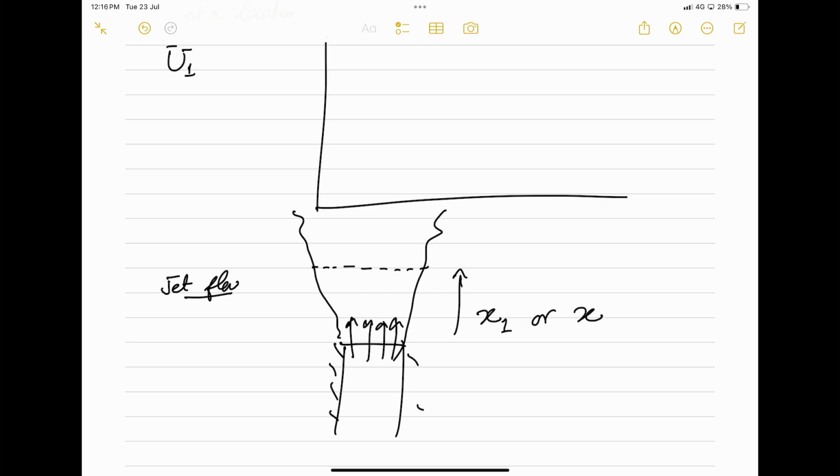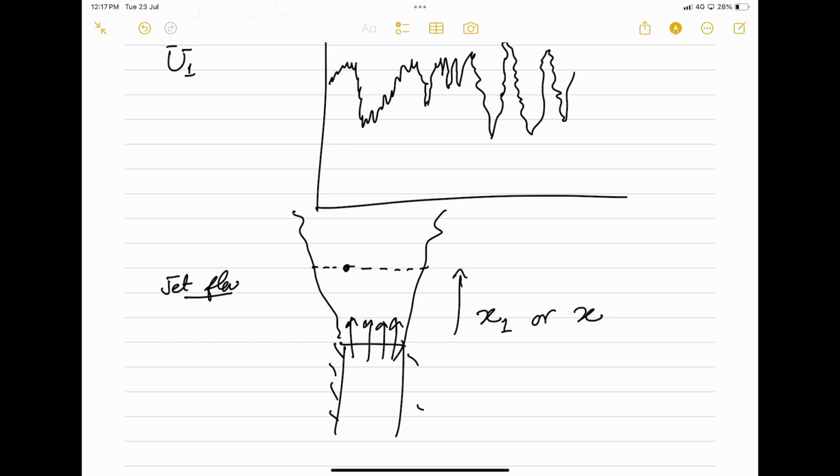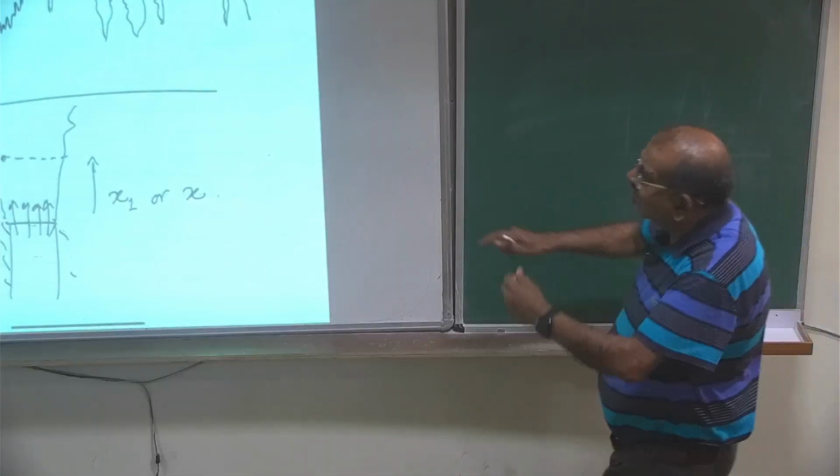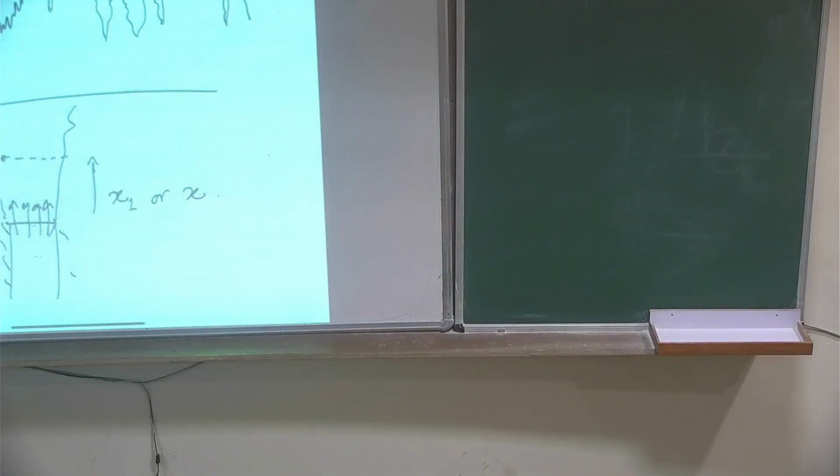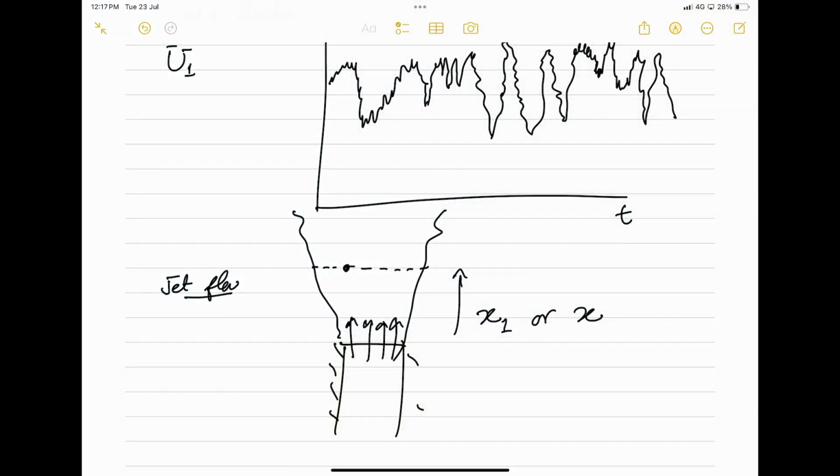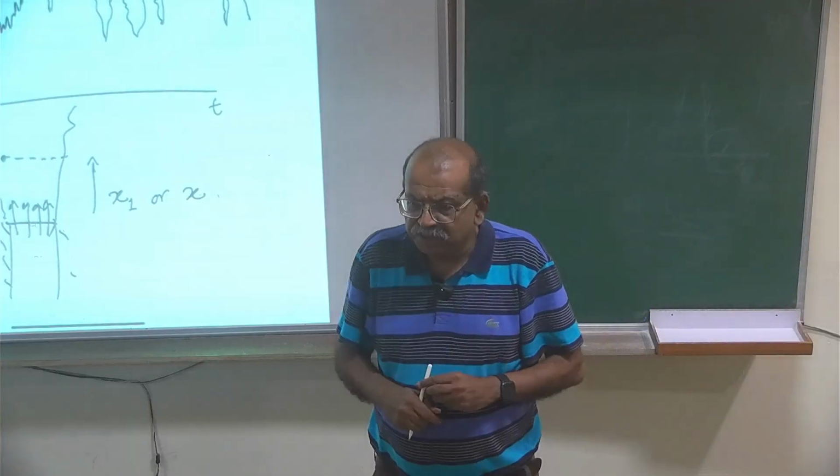So we choose any one point, let us say some point here in this whole domain, and if I look at the velocity field in a turbulent flow, I make measurements of velocity as a function of time, and this is how I will find the measurements.